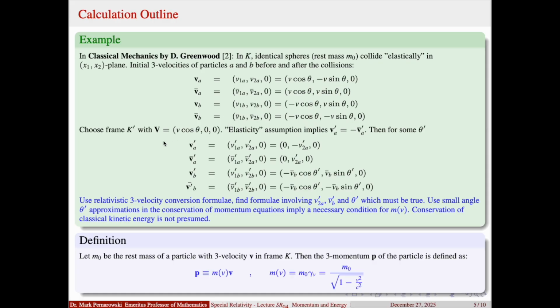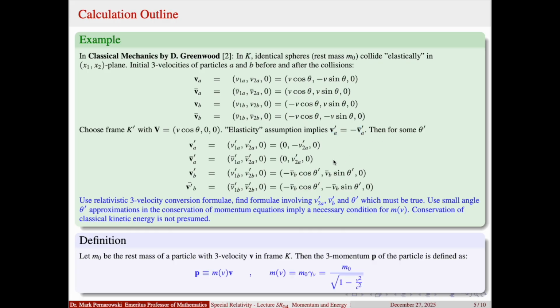Now, if you use the frame K prime with this very particular velocity, so this velocity between the frames is the same as the first component of VA and V bar A. So the elasticity assumption implies that this has got to be true.